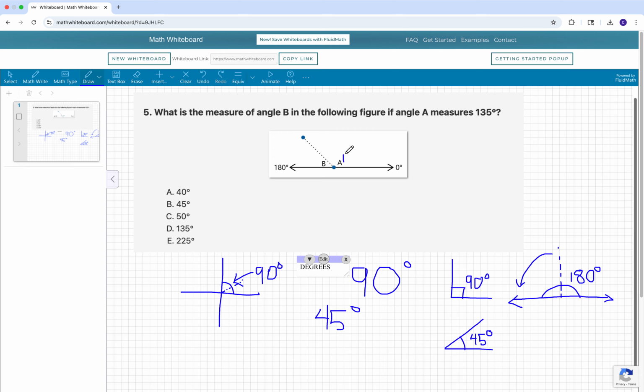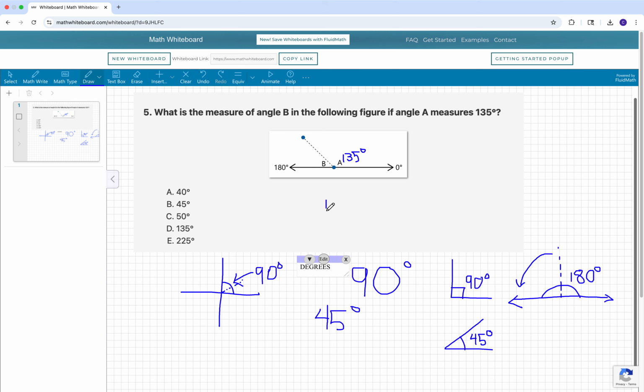We know A is 135 degrees. We know a straight line, they even tell us in the problem, 0 to 90 to 180, is 180 degrees.